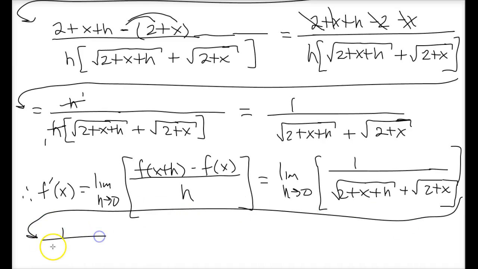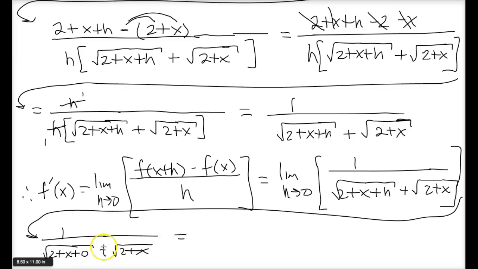So here, all this just equates to, we can just plug in 0 for h. Get rid of that. And then plus the square root of 2 plus x there.